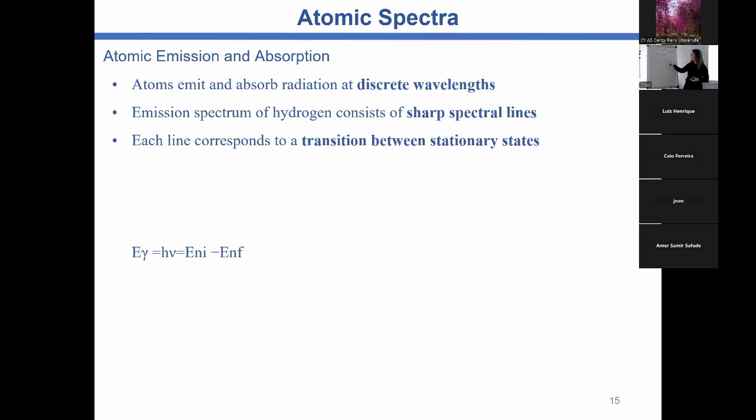And we can see using some experiment the fingerprint of the atoms through the sharp spectral lines of absorption and emission spectra. So if we have this energy, we have the specific feature of the element that composes the material.